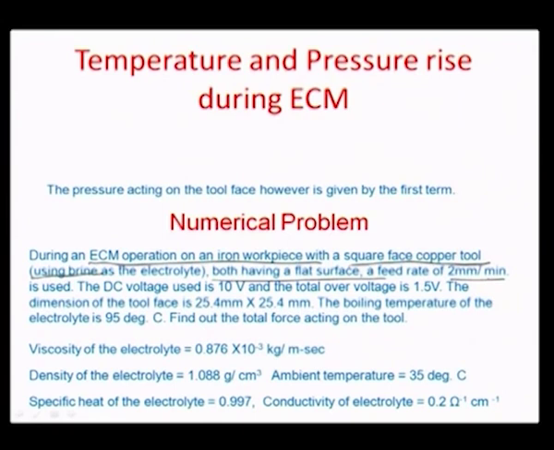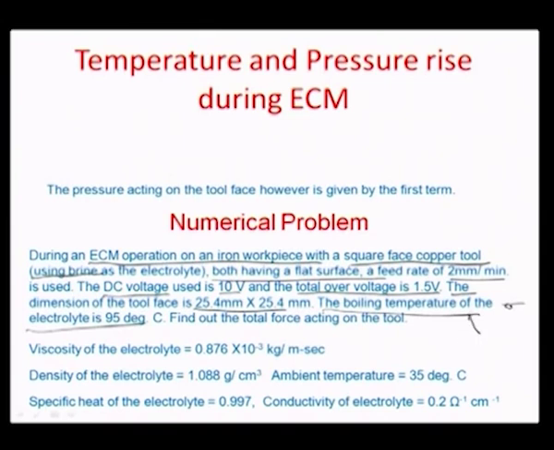The DC voltage that is used is about 10 volts, and the total over voltage is about 1.5 volts. The tool face is square, about 25.4 millimeters times 25.4 millimeters, and the boiling temperature of the electrolyte is about 95 degrees. If you really want to be safe, you should not hit the boiling point, but stay a little lower.